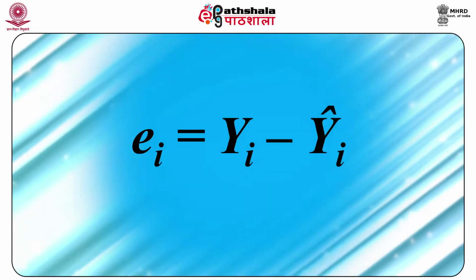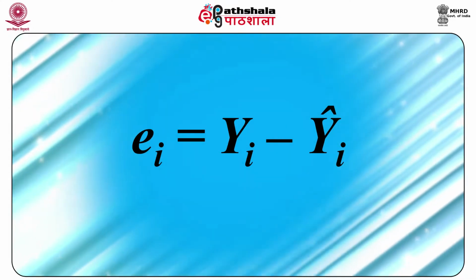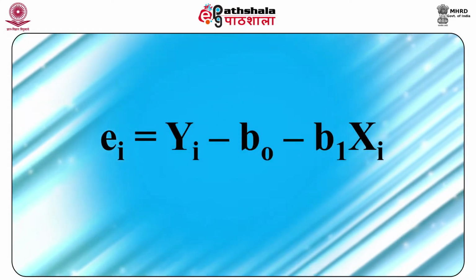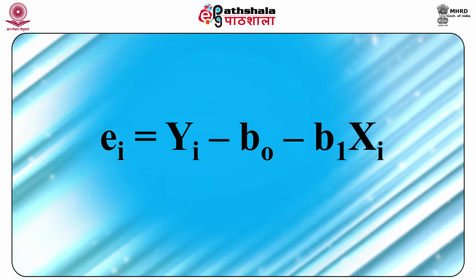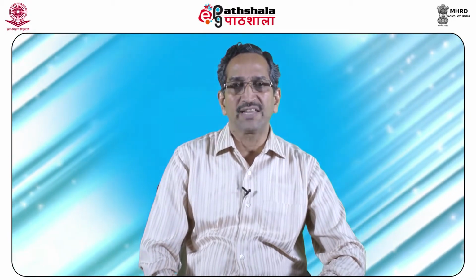That is, ei is equal to yi minus yi hat, or ei is equal to yi minus b0 minus b1 xi. We need to simultaneously minimize all residuals, that is e1, e2, e3, e4 and so on.